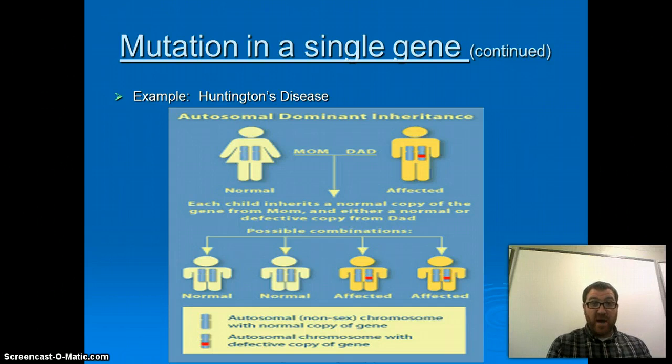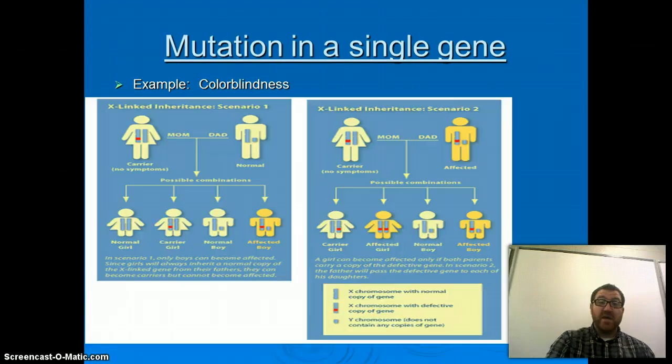Because if you take a look at the possible combinations for these two parents, you have the ability for a child to come out not having Huntington's, which is obviously the best route. So that is your dominant allele situation.